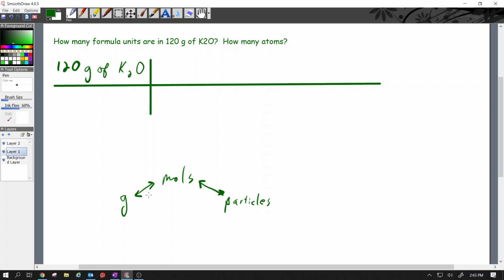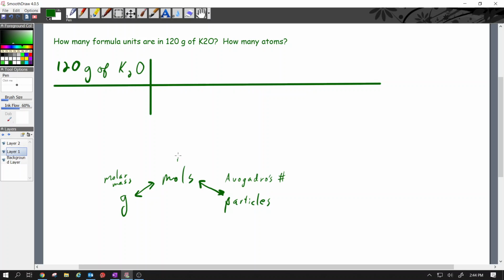Remember, grams to moles, we would use our molar mass to convert between those. And to convert between moles and particles, we would use Avogadro's number, which of course is 6.02 times 10 to the 23rd. So we would use Avogadro's number for that.